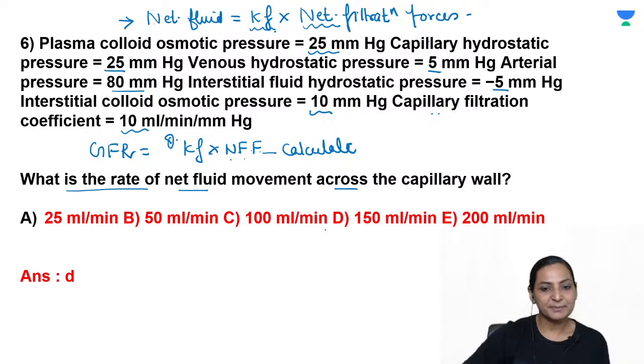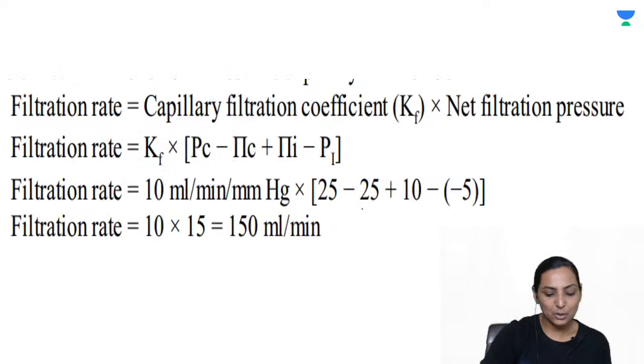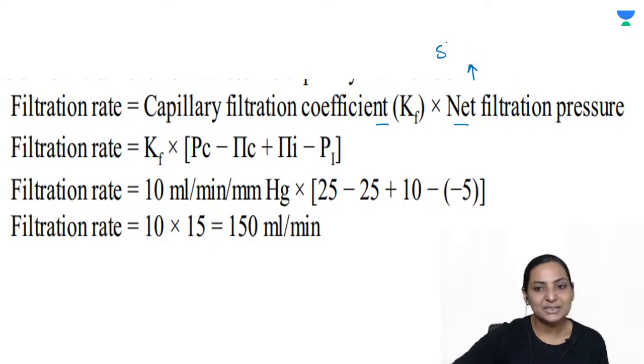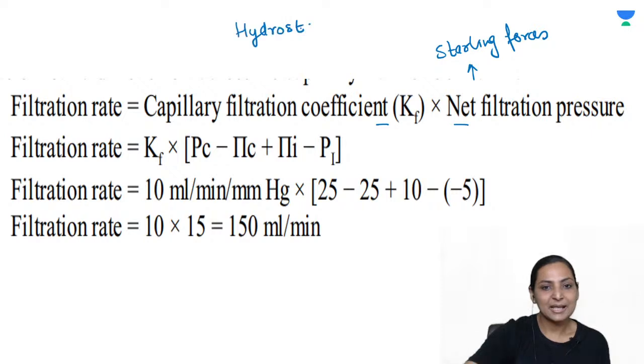So the correct answer becomes D, and let us see how it comes. We must know that the filtration rate is the capillary filtration coefficient into the net filtration forces, or pressure. These depend upon our Starling forces, that is, the hydrostatic and the colloid osmotic forces.